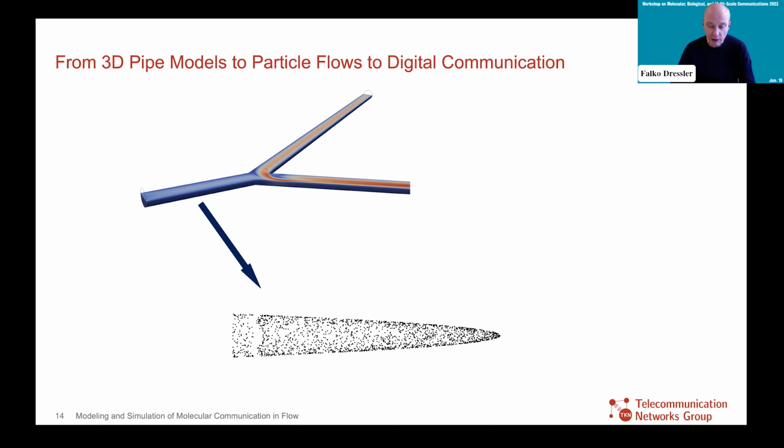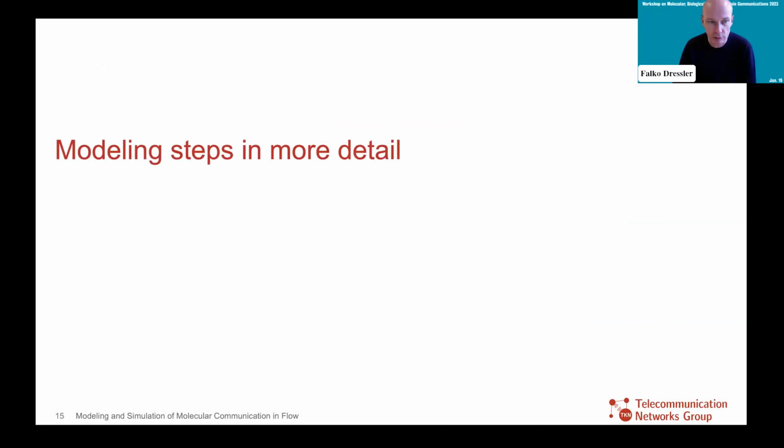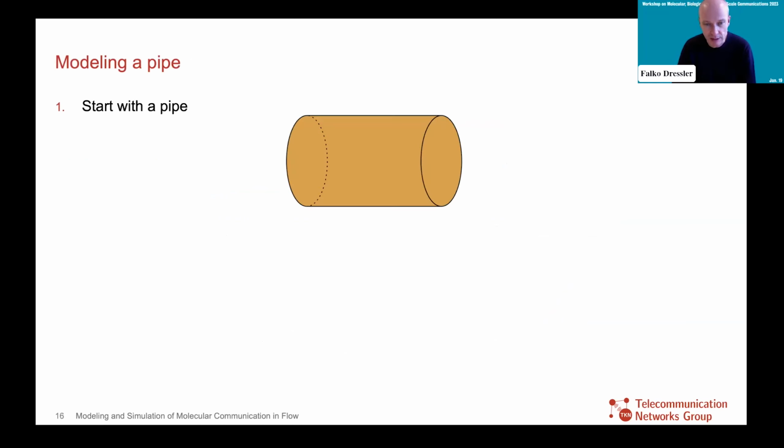Typically, for example, the flow in the center of the pipe is much faster and stronger compared to the flow at the edges of the pipe, so that we can later use this simulator to get exactly the same digital communications using molecules. A little bit more detail, so that you can follow the general concepts and ideas much better.